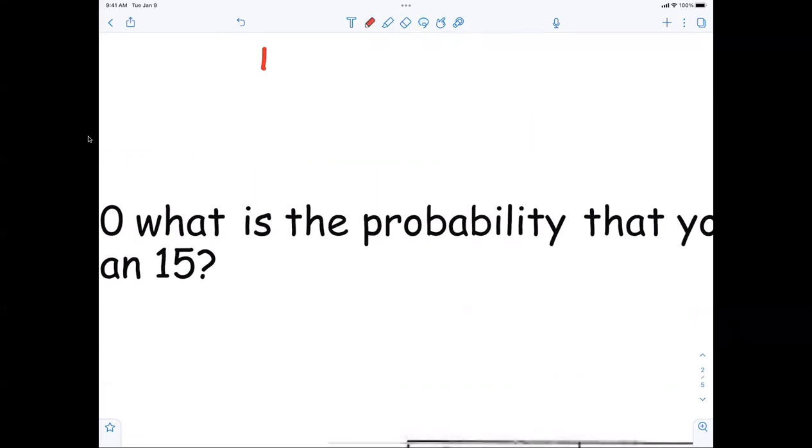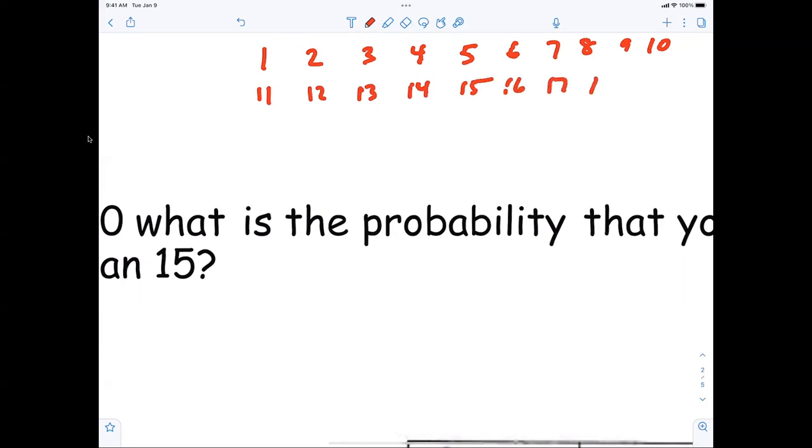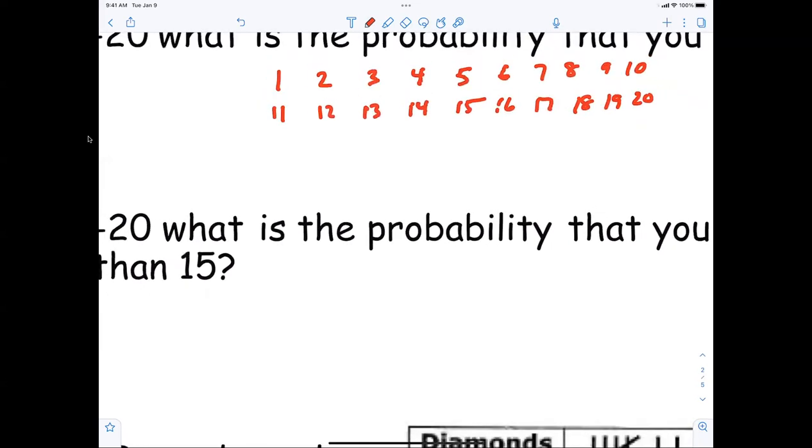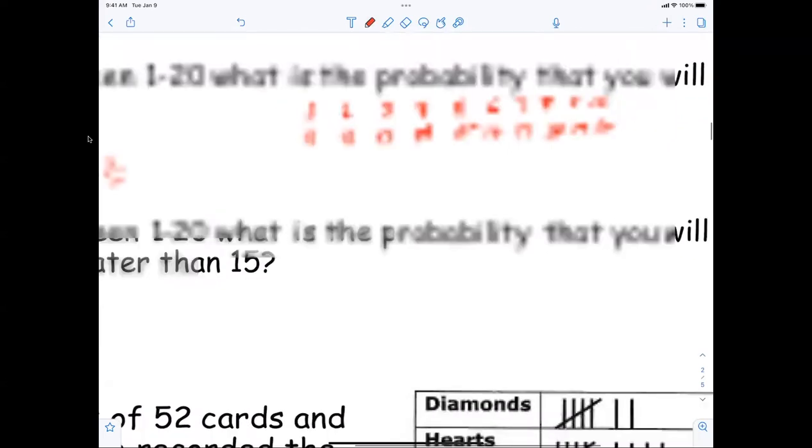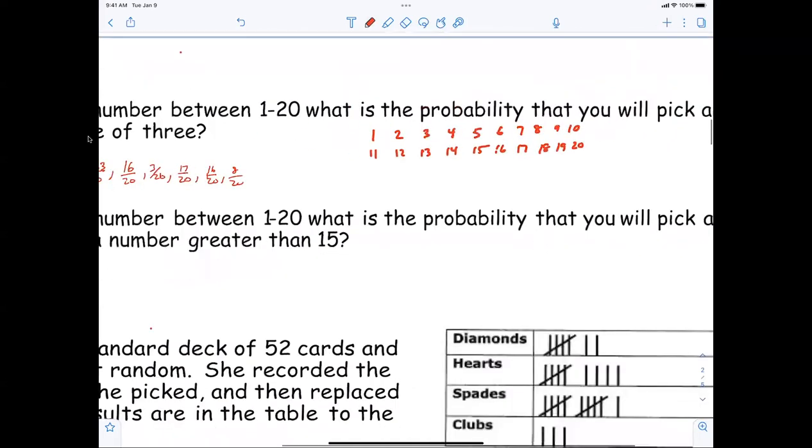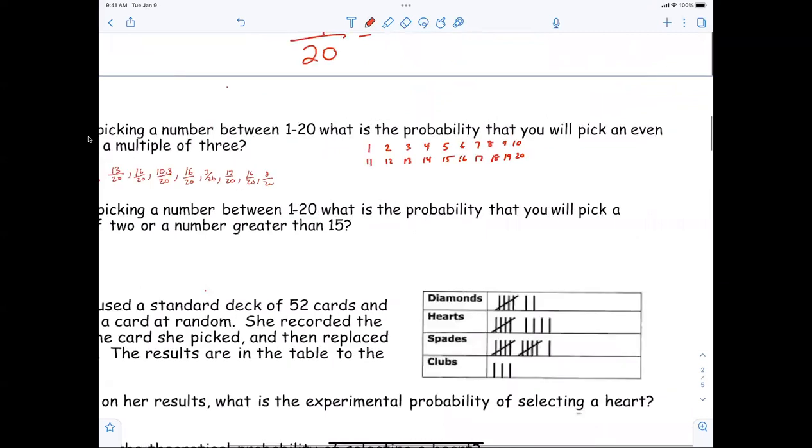I'm going to put the numbers 1, 2, 3, 4, 5, 6, 7, 8, 9, 10, 11, 12, 13, 14, 15, 16, 17, 18, 19, and 20. All right, those are all the numbers. Now, I need to pick a what? Even.